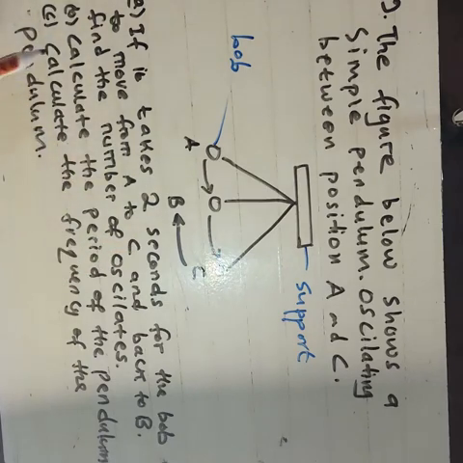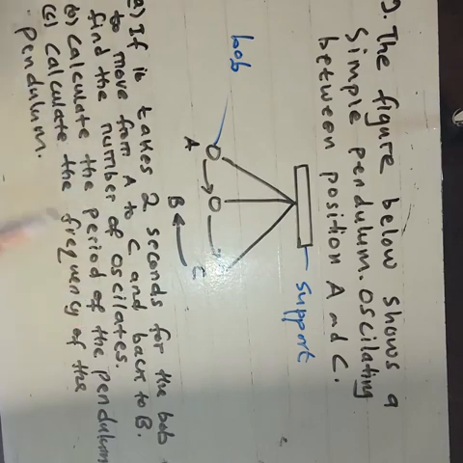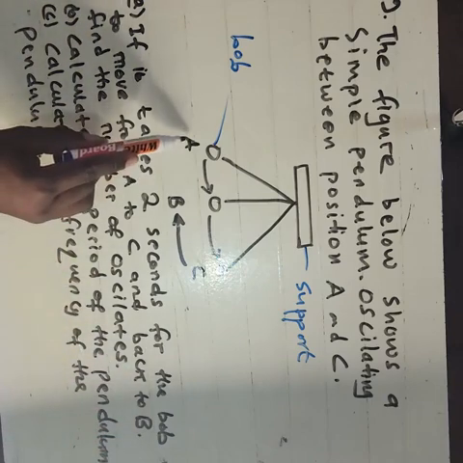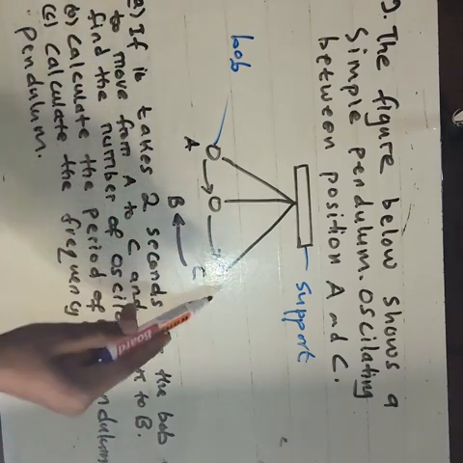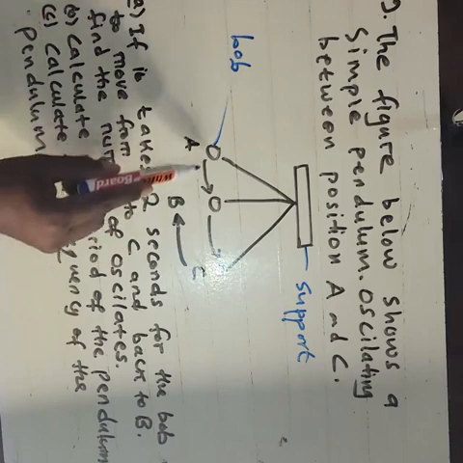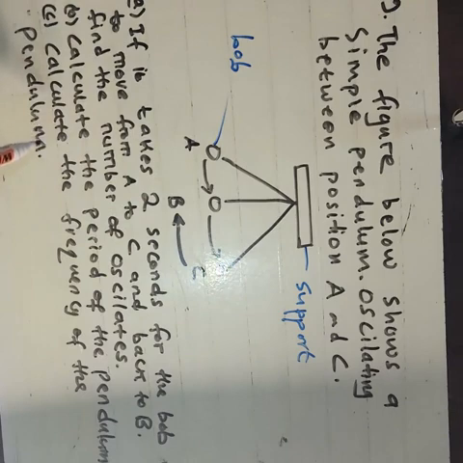Okay, so what are they saying? They're saying it takes only 2 seconds for the bulb to move from A to C and back to B. So find the number of oscillations.